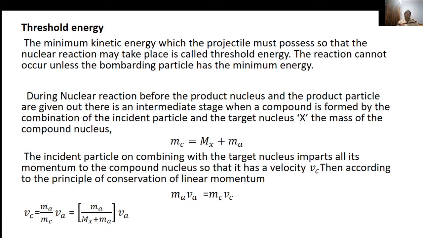When a compound nucleus is formed by the combination of incident particle and the target nucleus X, the mass of the compound nucleus becomes MC is equal to Mx plus Ma.